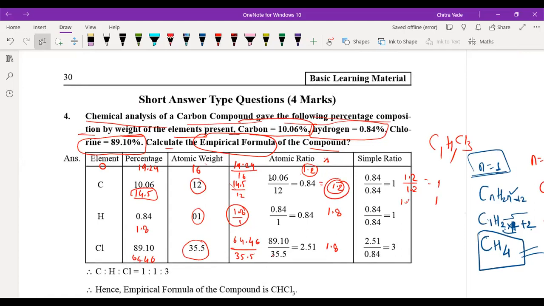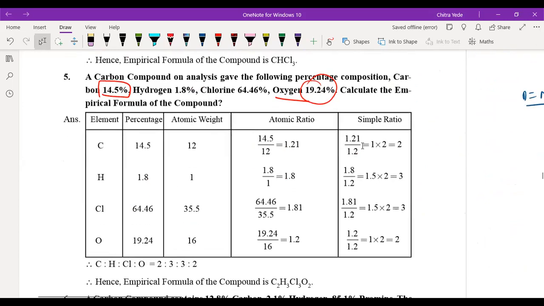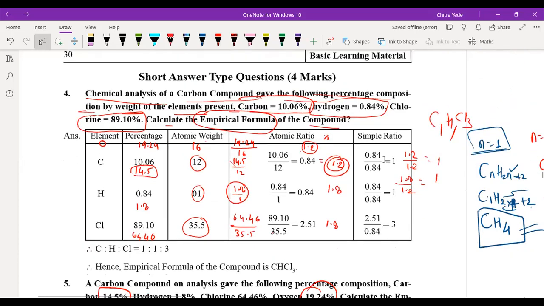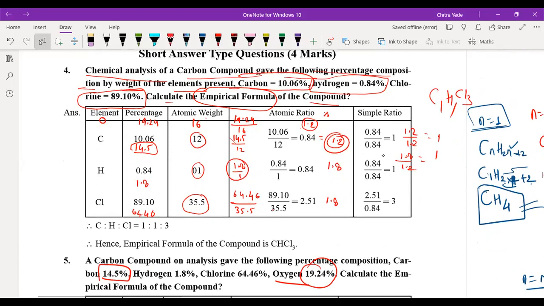Now 1.8 divided by 1.2 will be approximately 1.5. Here also 1.8 divided by 1.2 will be again 1.5.